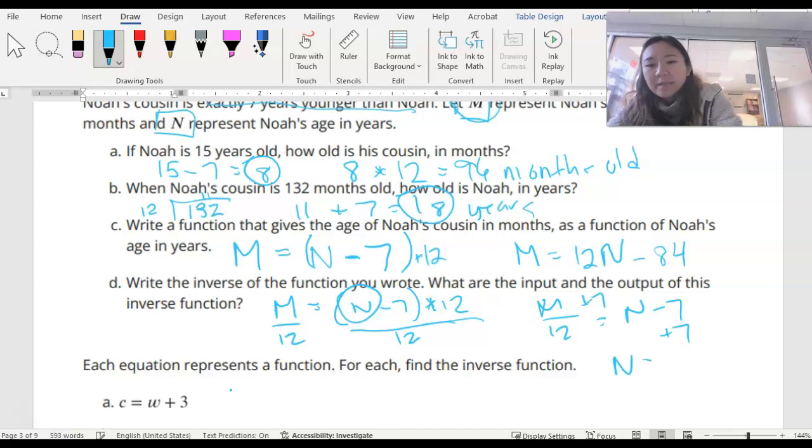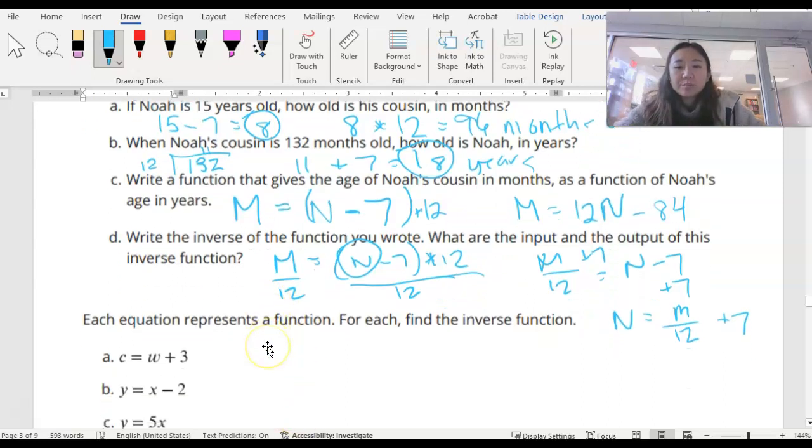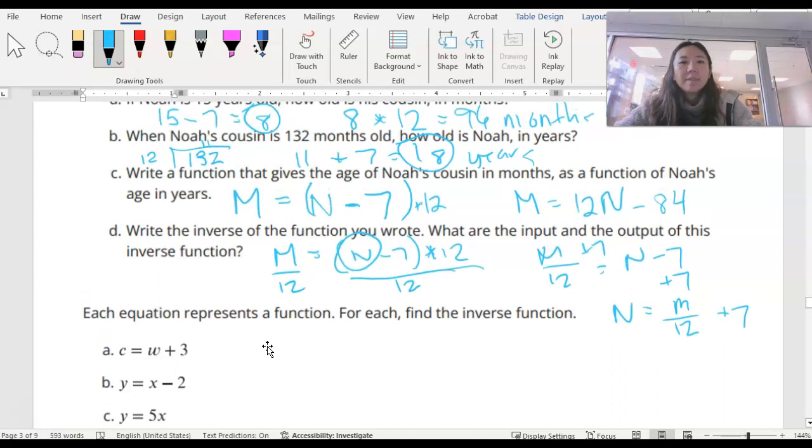And so we get n equals m over 12 plus 7, as this now is the function where the cousin's age in months gives us the output of Noah's age in years. And that's what we did here, right? We divided the months by 12 and then we added 7 to get Noah's age.